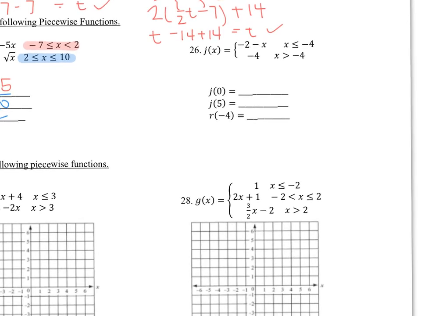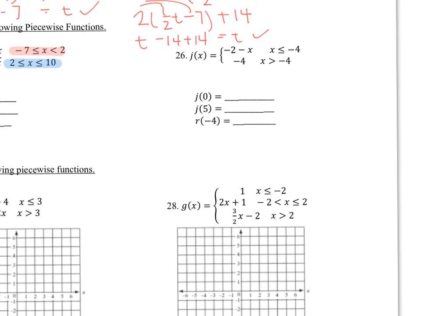If I look at number 26, R of 0, 0 would be in the second equation. So since y is negative 4 when it's 0, it's still going to be negative 4. With 5, I'm going to also plug it into my second equation because 5 is greater than negative 4.